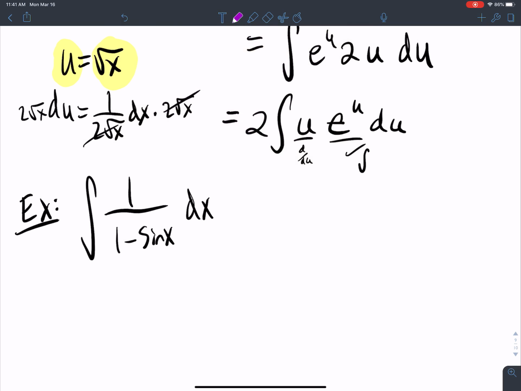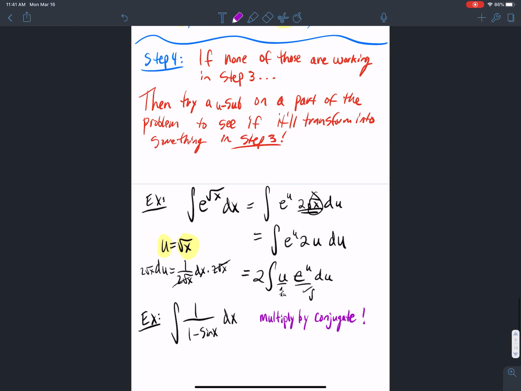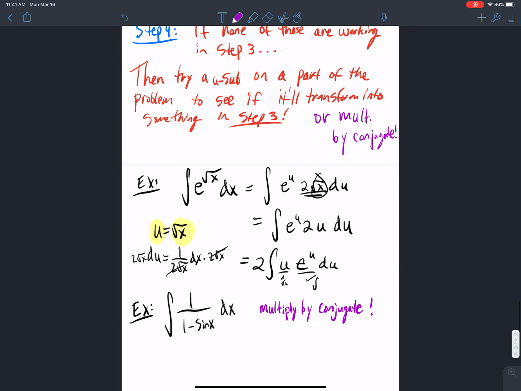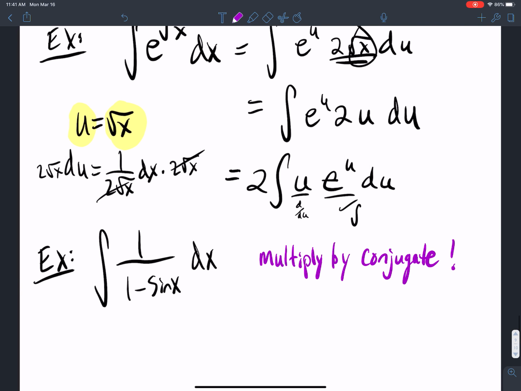Another trick, a clever little ace up your sleeve, is to multiply by the conjugate. So try these techniques. When all else fails, try some clever u substitution or multiply by the conjugate. It always seems to pop up when you least expect it.